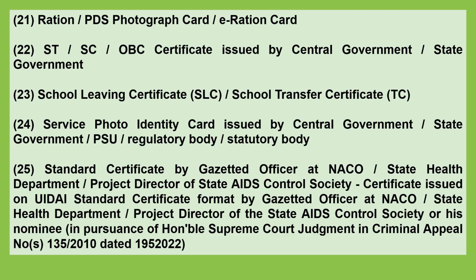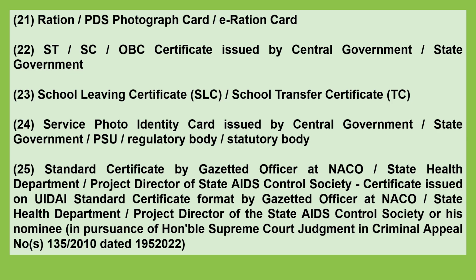ST, SC or OBC certificate issued by central government or state government. School leaving certificate or school transfer certificate. Service photo identity card issued by central government or state government or PSU or regulatory body or statutory body.